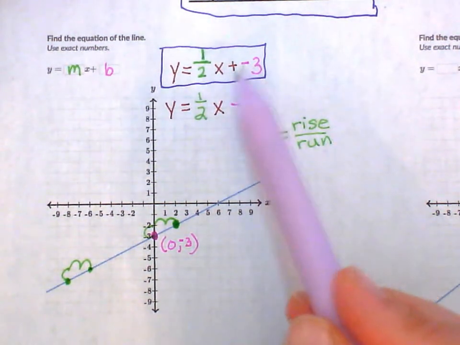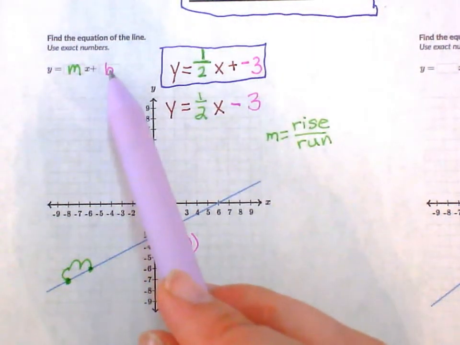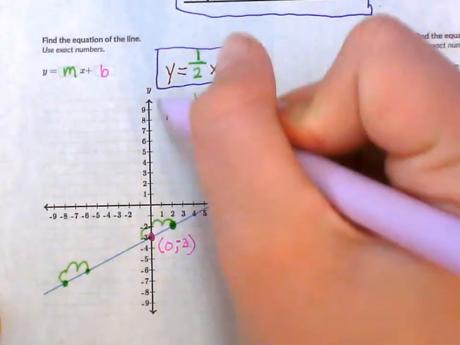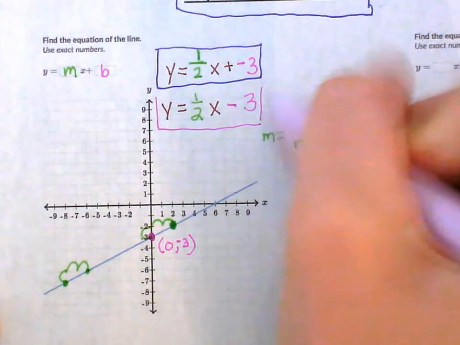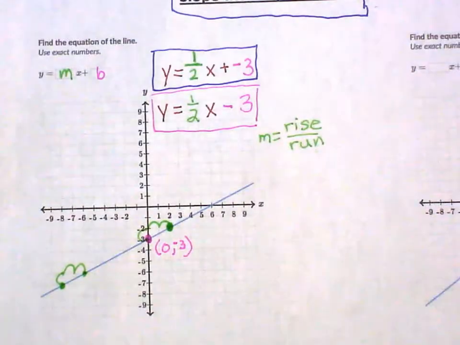We don't like writing plus and negative, but because we have to type it in the box, it'll look like that. But what is ideal, if it weren't in Khan Academy, is just y equals 1/2 x minus 3.